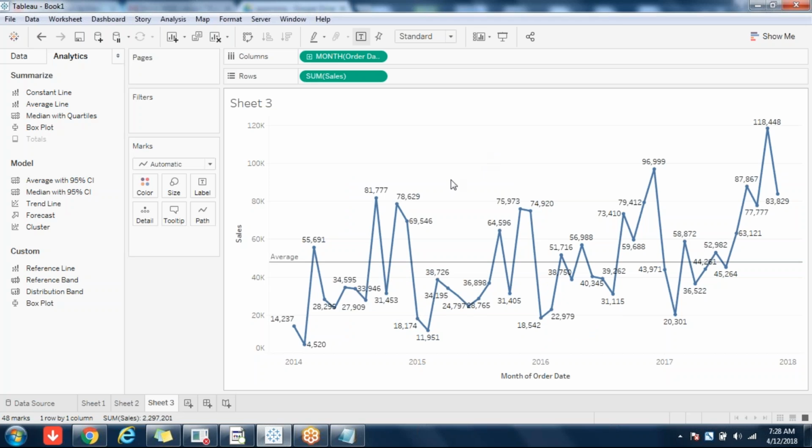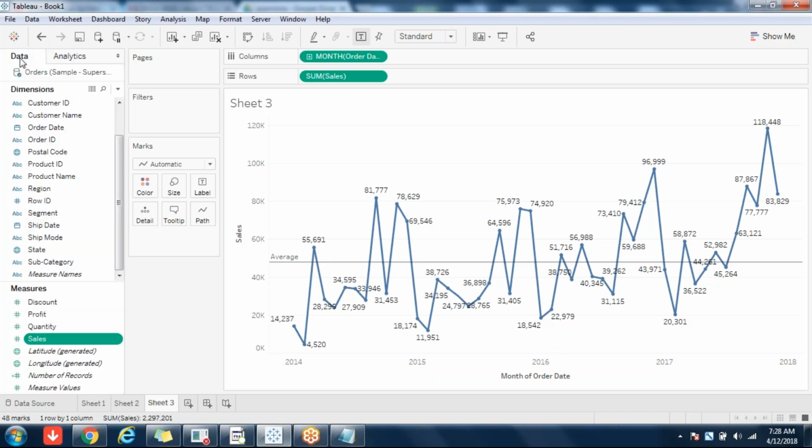Next, here, so this is a reference line. What is trend here? What is trend? Generally, I'm just asking generally, not related to Tableau. Generally, we talk about it in our day-to-day life, right? Trend.